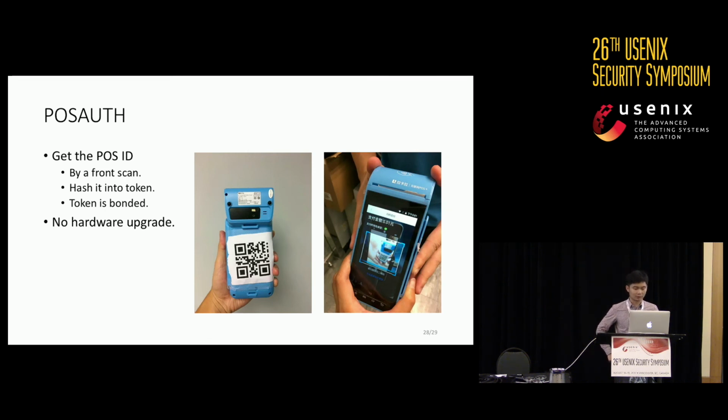Then the generated token can be encoded into a QR code and scanned by the POS machine to go on with the transaction. In this case, no hardware upgrade is required. Vendors need only print their POS machine ID and stick the paper on the back of the POS machine.